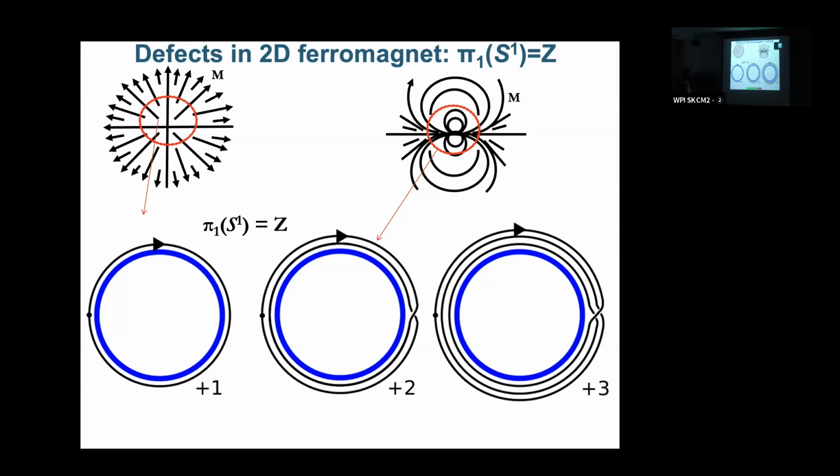We will be wrapping these order parameter spheres or S1 circles an integer number of times. And so these two correspond to wrappings 1 and 2. And the third one, you could imagine a more complex configuration that would wrap it 3 times.